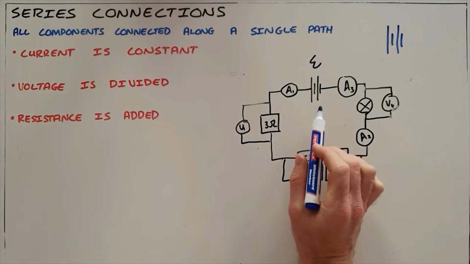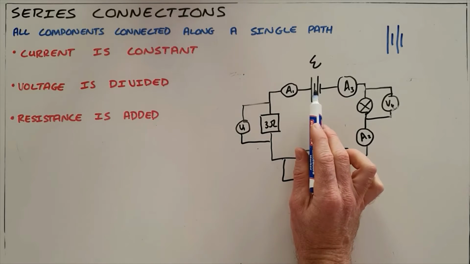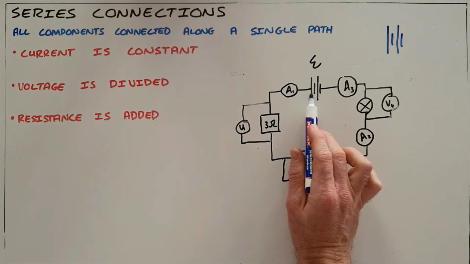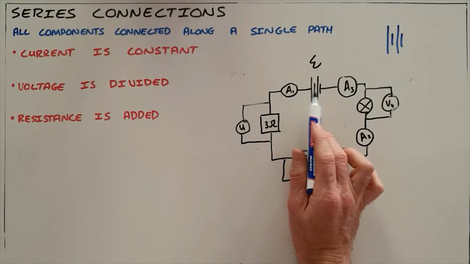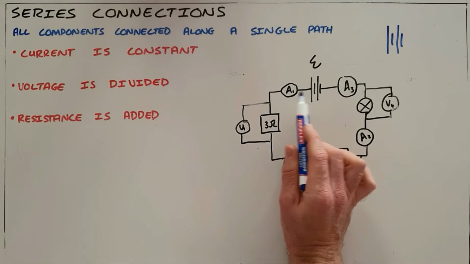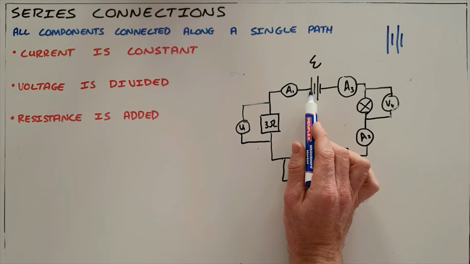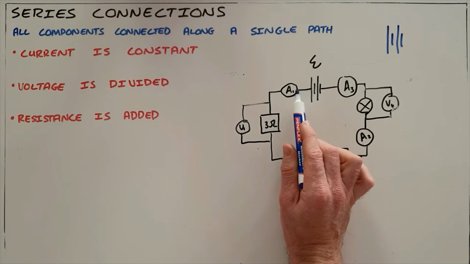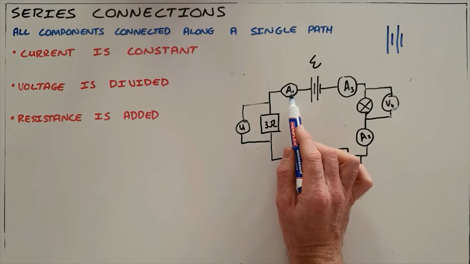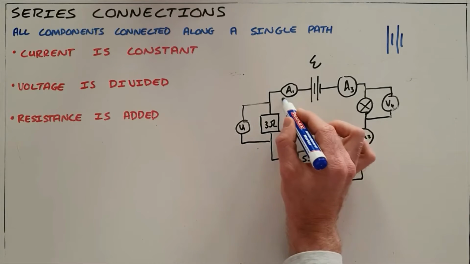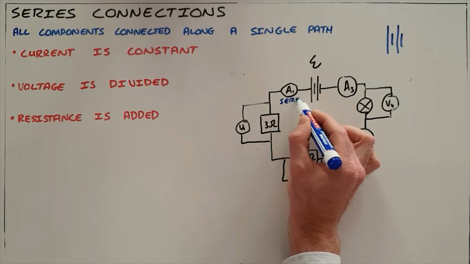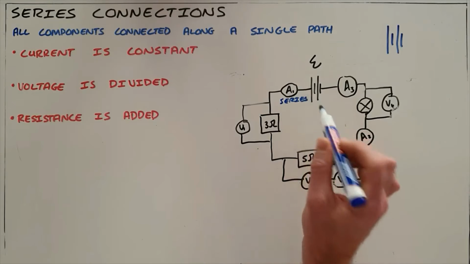a battery. So in this circuit here, we have a battery that is producing an electric current by pushing charge out, and because this is a series connection, we can see that that charge and current is forced to follow a fixed path. It is forced to first pass through ammeter A1. We know that ammeters must always be connected in series so that they can measure the current.